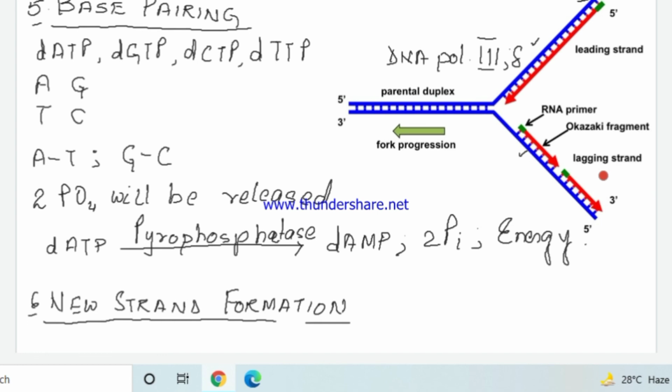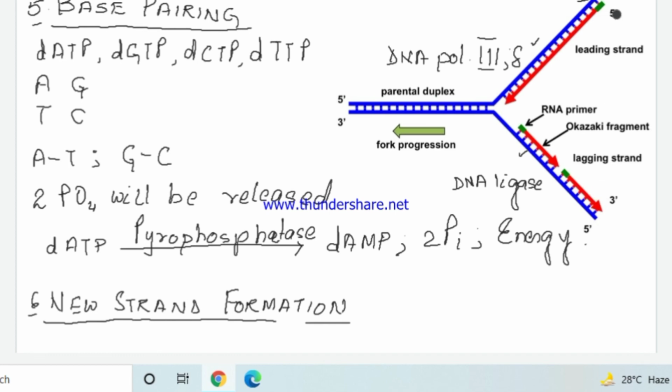Now, after this, these small RNA primers are removed and the DNA fragments are ligated using the enzyme DNA ligase. So, DNA ligase catalyzes the joining of the Okazaki fragments.